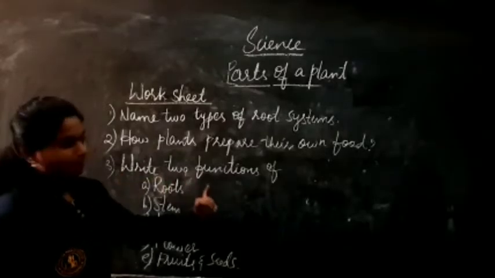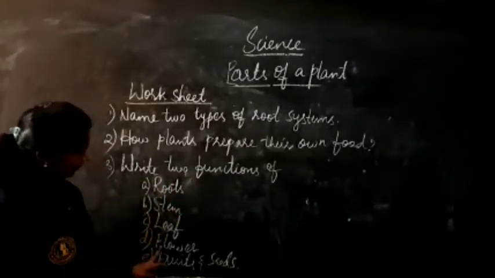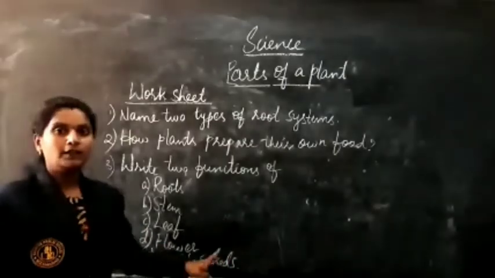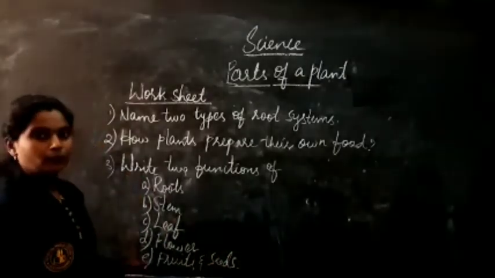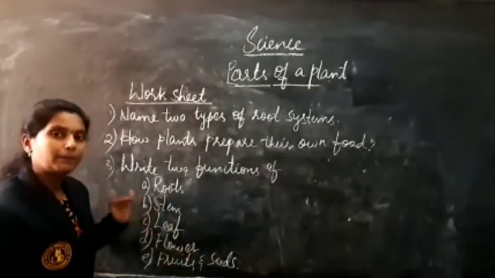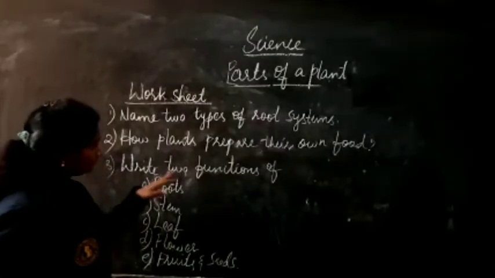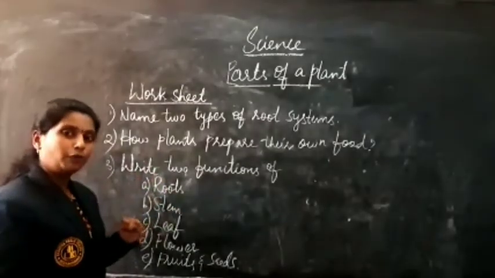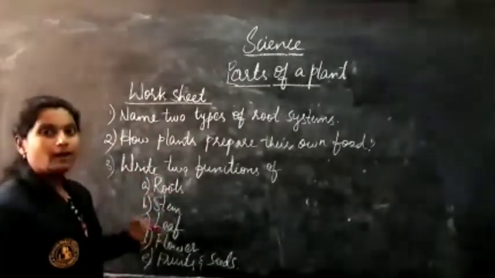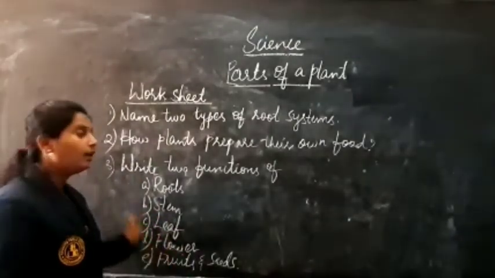And write two functions of roots, stem, leaf, flower, fruits and the seeds. You have to write about the functions performed by each and every part of a plant, at least two functions of each part, what kind of functions they are performing and in what way they are helping the plant.